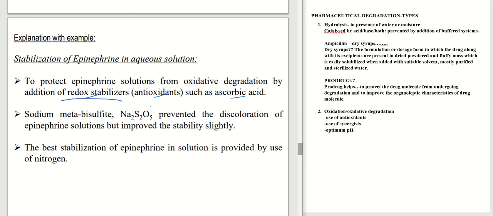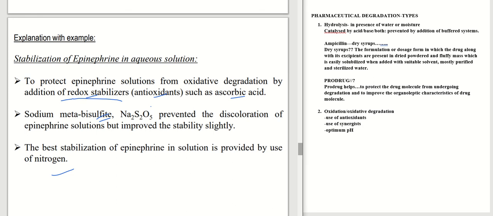And also the most classic example of a pharmaceutical antioxidant is sodium metabisulfite. It prevents the discoloration. And also by replacing the air with nitrogen, we can protect the epinephrine from being oxidized.